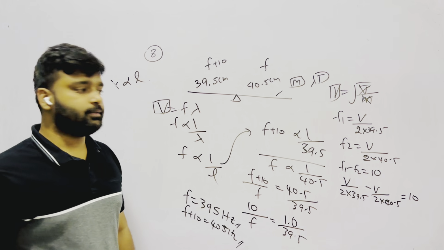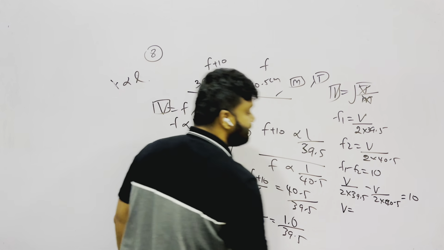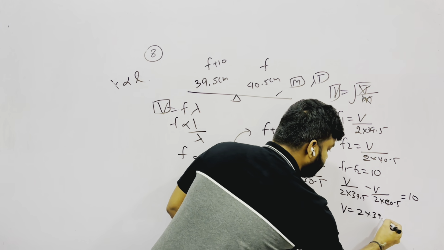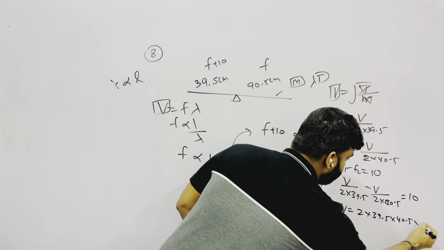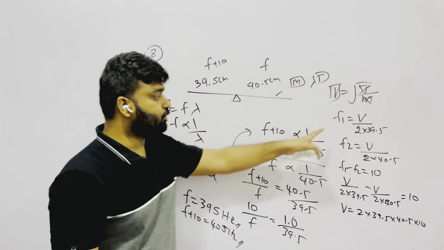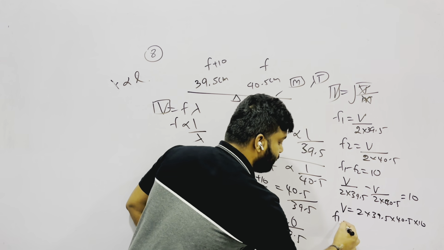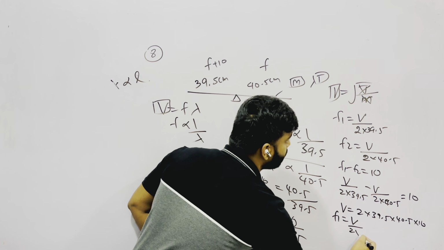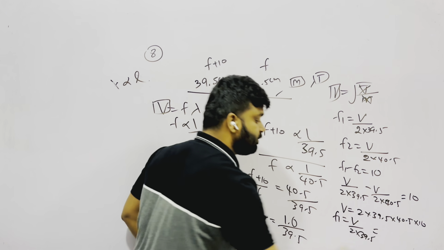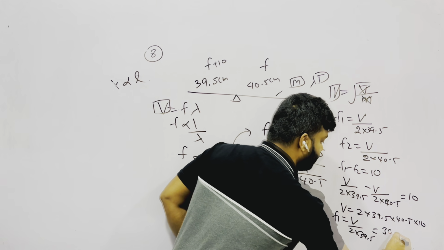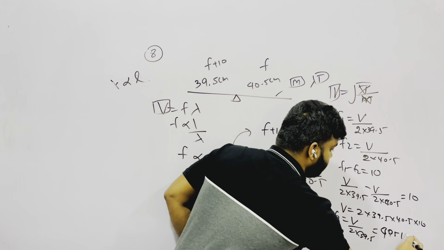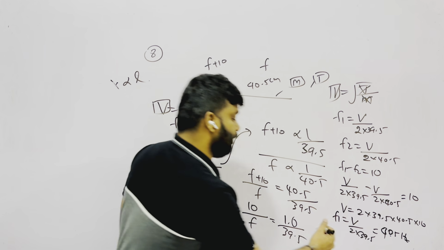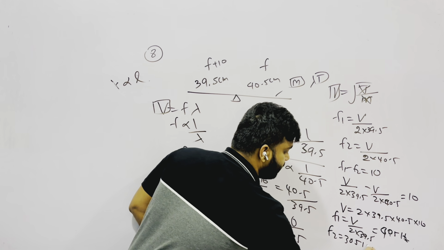From this, you can take LCM and calculate V. V is equal to 2 into 39.5 into 40.5 into 10. Then you can use this equation to get F1. F1 is equal to V over 2 into 39.5. If you substitute V, you can get F1 is equal to 405 Hz. Therefore, F2 is equal to 395 Hz.